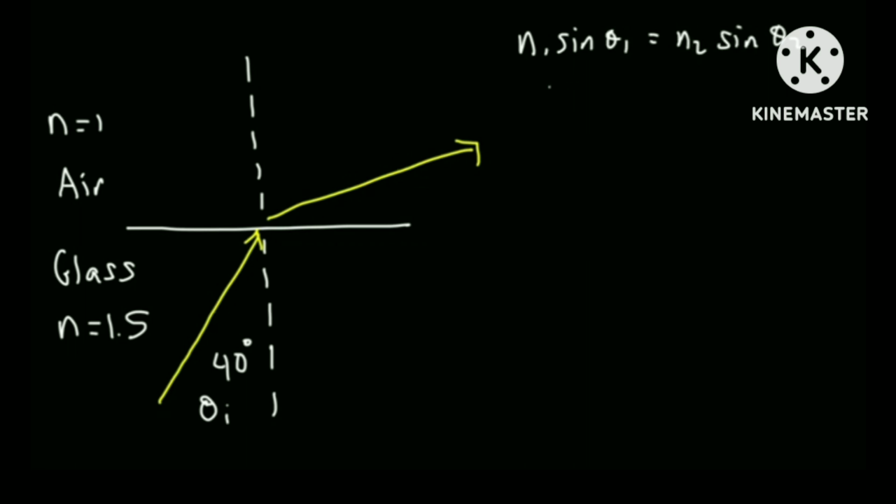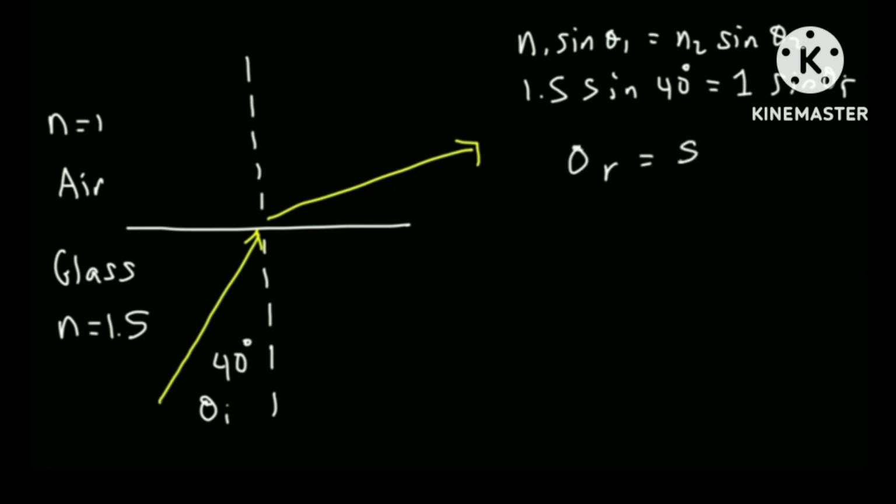So n1, we're going to say that's for glass. That's 1.5 times sine of 40 degrees. That's equal to n2, the index of refraction for air, times sine theta 2, or theta r for the angle of refraction. So 1.5 times sine 40 is 0.96418.